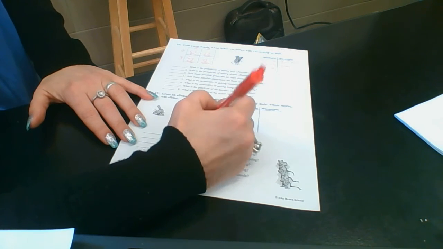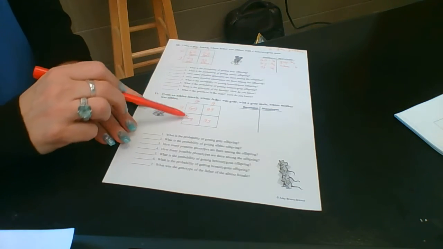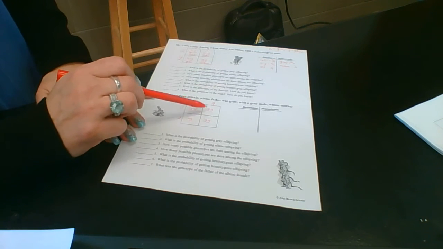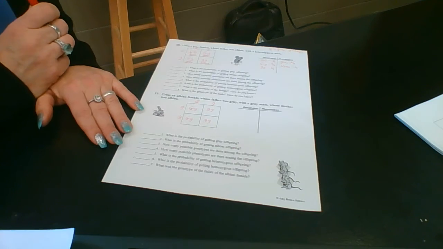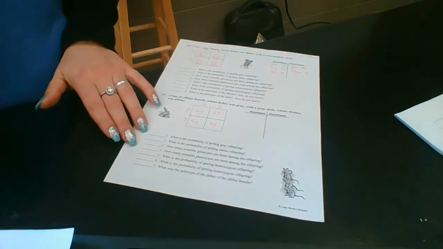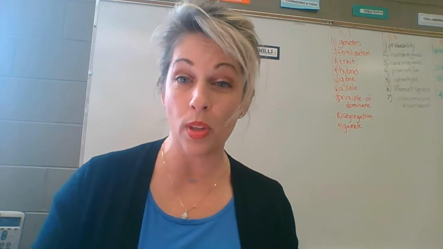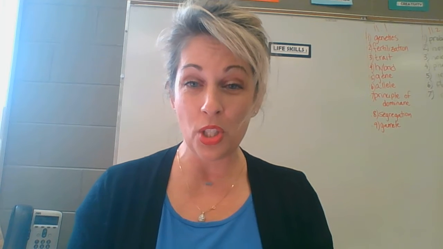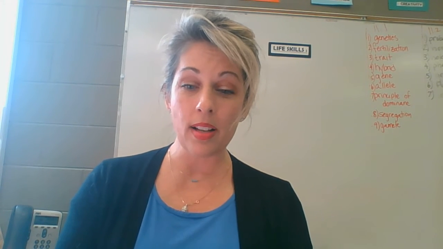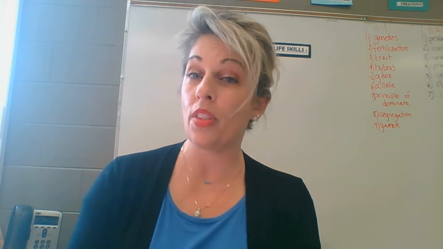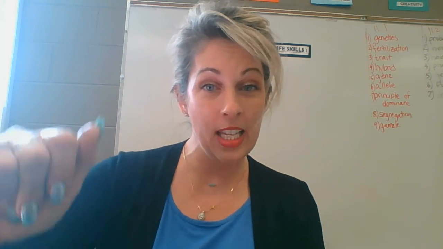All right. So on this side, you end up with 2 out of 4 heterozygotes and 2 out of 4 homozygous recessive. At this point, I think you can also fill out your genotypes and your phenotypes and answer questions 1 through 7. And if you would turn that in to the box, and then we're going to pause this while you turn that into the box, then we'll go over the next assignment, which is bunnies.